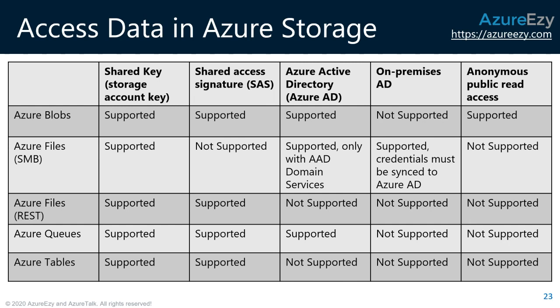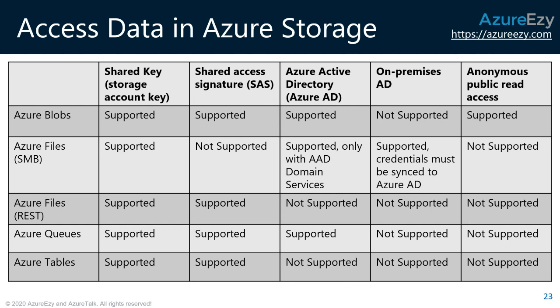If you talk about a shared key or account key, that is the storage account key, it is applicable for all kinds of storage services. Using this storage account key, I can authorize someone on Azure Blob service, on Azure File that is SMB, or Azure File that is REST.